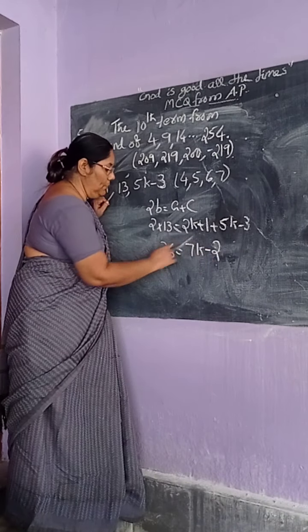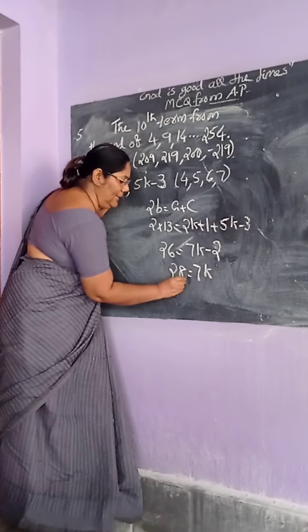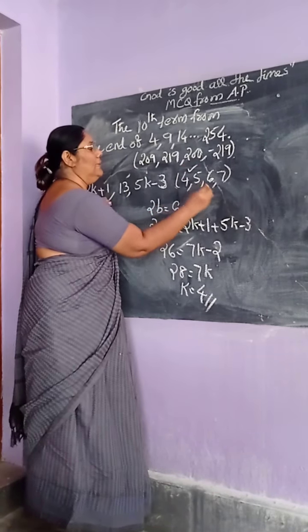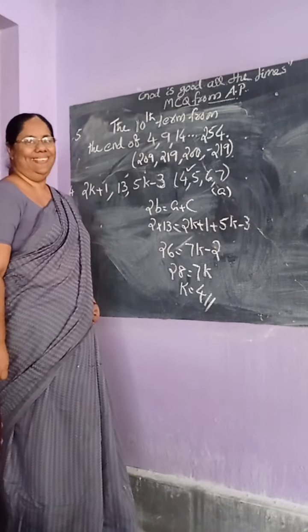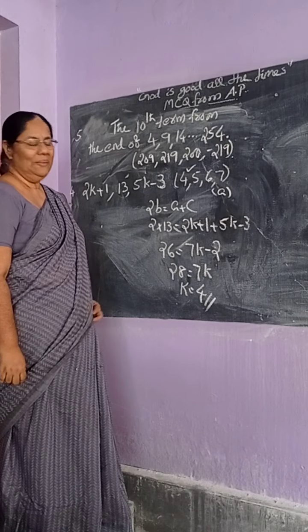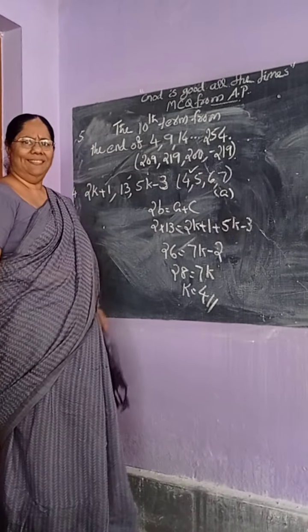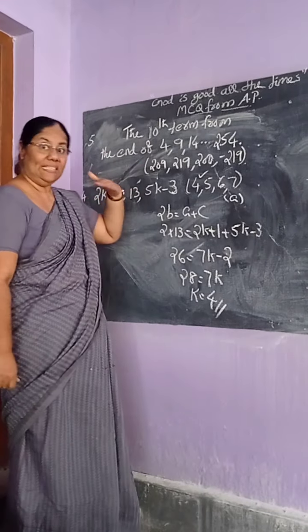When you convert this minus 2 here, 28 is equal to 7k. Therefore, k equal to 4 is the correct answer. Therefore, option A is correct. Understand? Do the problems, then put a tick there. Okay, then the next type of question.